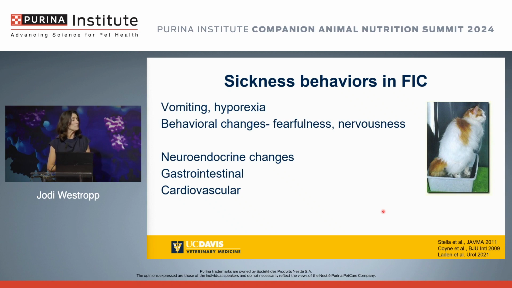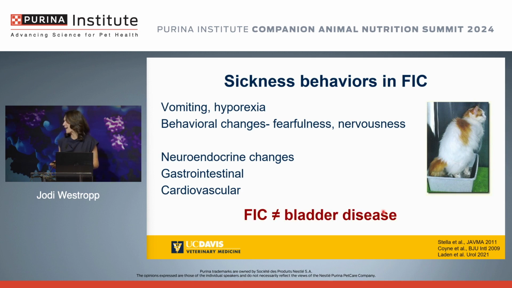And also, cardiovascular abnormalities have been reported. So FIC is not just a bladder disease, right? The bladder comes in with the rest of the body. We're treating the whole patient, and it's really important. This impacts me because I want to make sure I get this good, detailed history on other things that are going on in the cat.